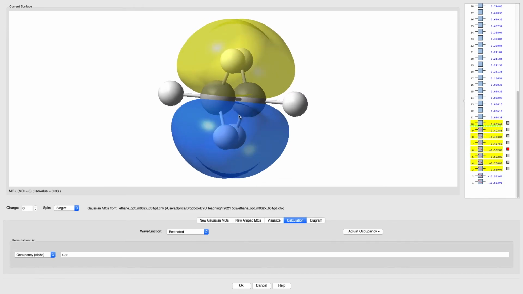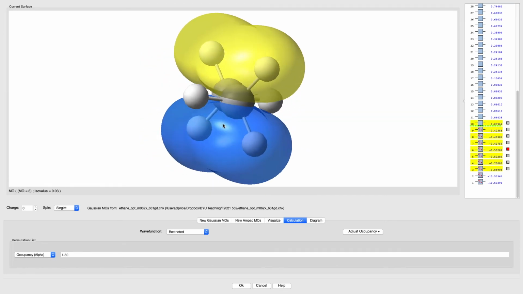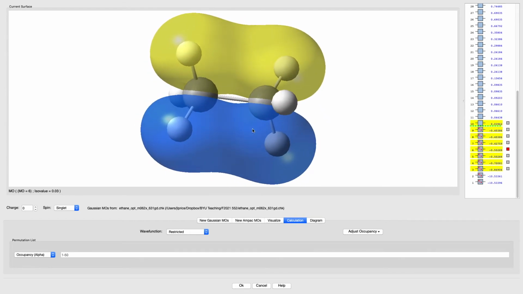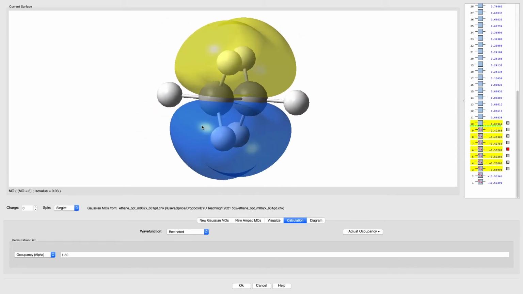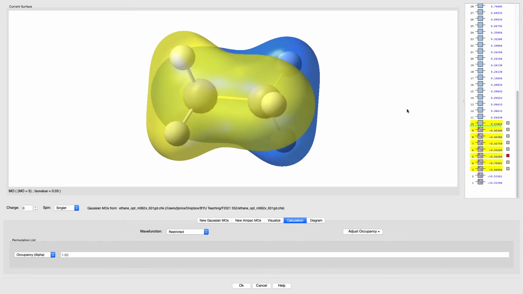This comes from overlap of a p orbital on carbon with one hydrogen on top and one hydrogen on the bottom. Same overall shape, also CH bonding. And because of that same overall shape, it's the same in energy as the previous one.